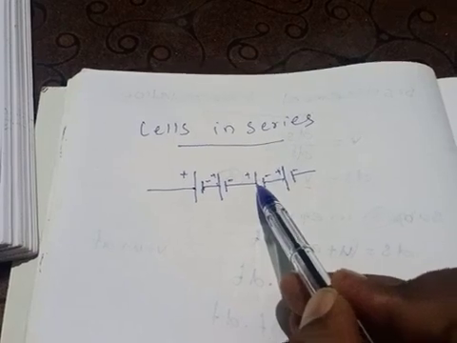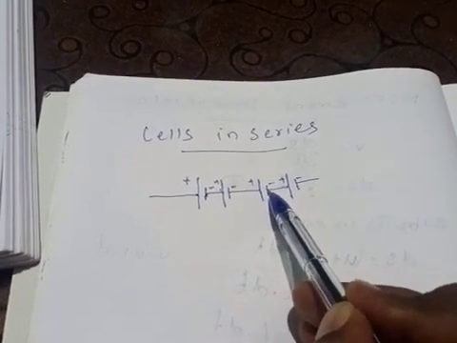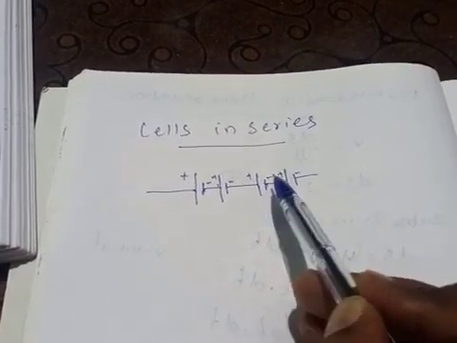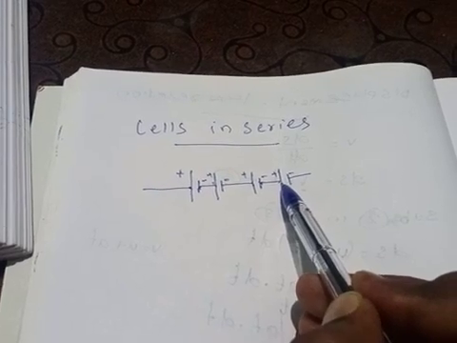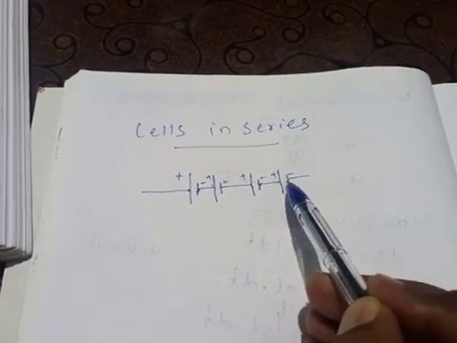Negative is connected to positive. The third cell's negative terminal is connected to the positive terminal of the fourth cell, and so on.